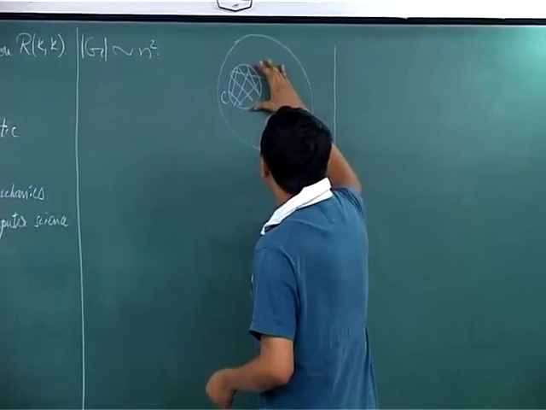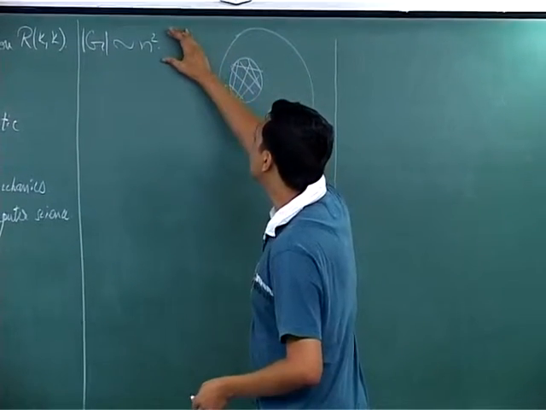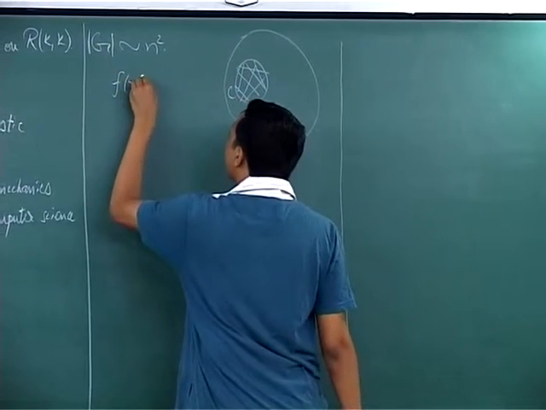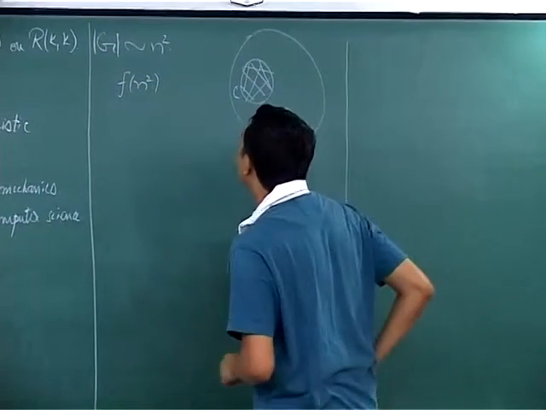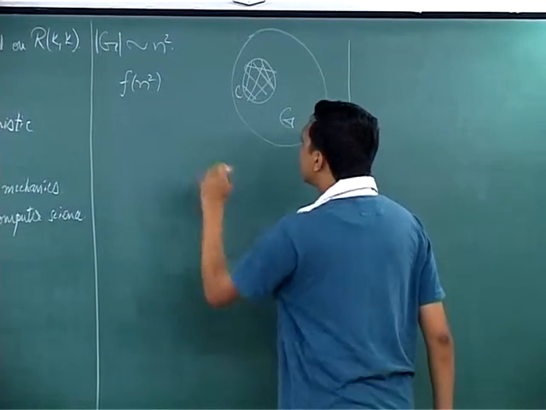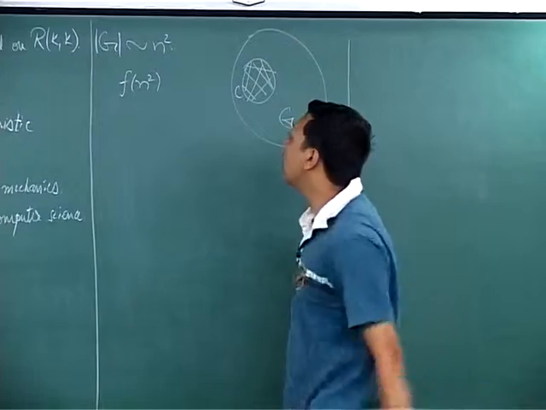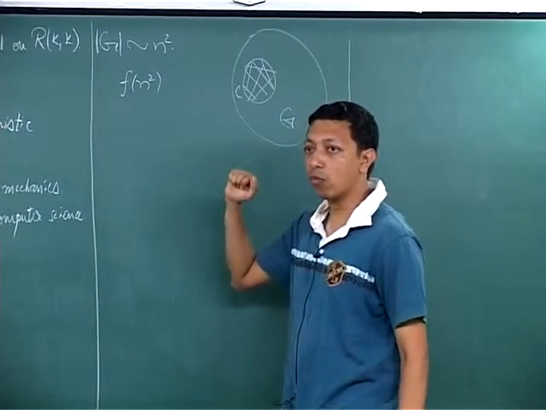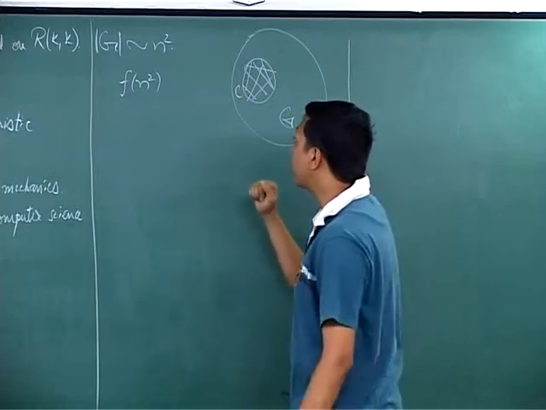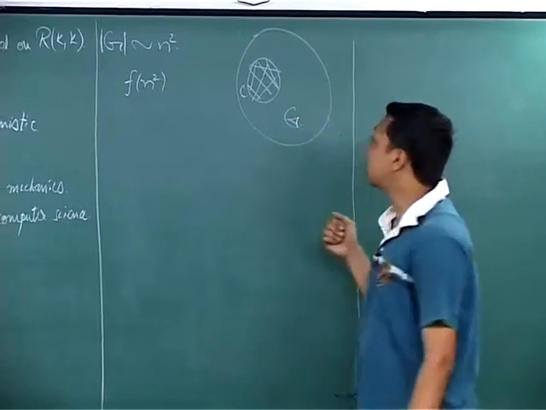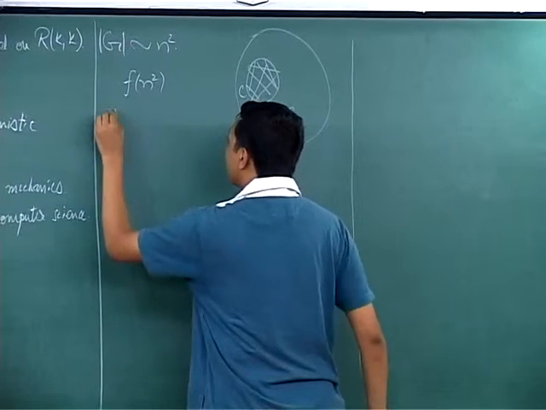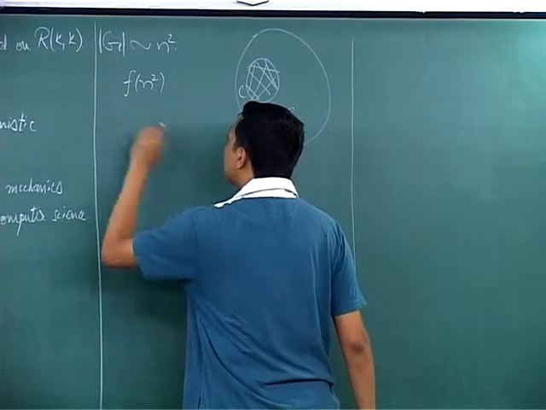Now, what you want is an algorithm which will take some time, which is f of n square, let's say. But what you would like is that this time should be polynomial in n, or polynomial in n square. Polynomial in the size of the input. So such algorithms are called polytime algorithms, polynomial time algorithms.